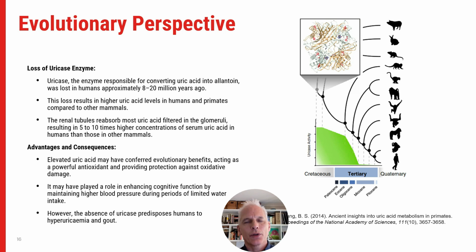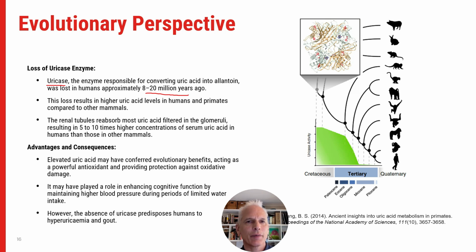So once again, we're going to talk about the evolutionary perspective on gout. Roughly about 8 to 20 million years ago, we lost uricase. Now, humans were not around 8 to 20 million years ago, but obviously primates were. And so roughly 8 to 20 million years ago, we lost that ability to break uric acid down.